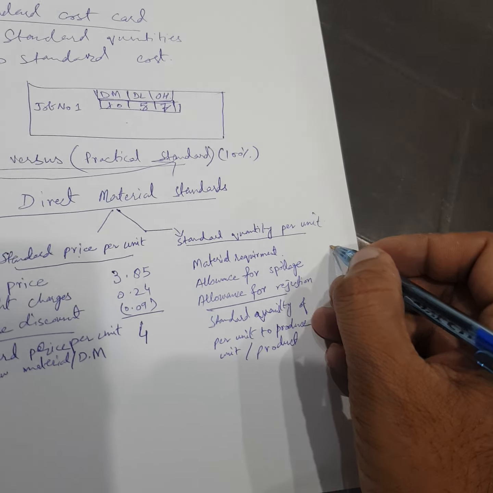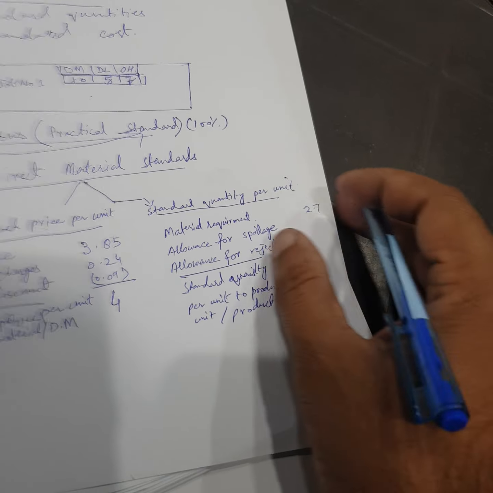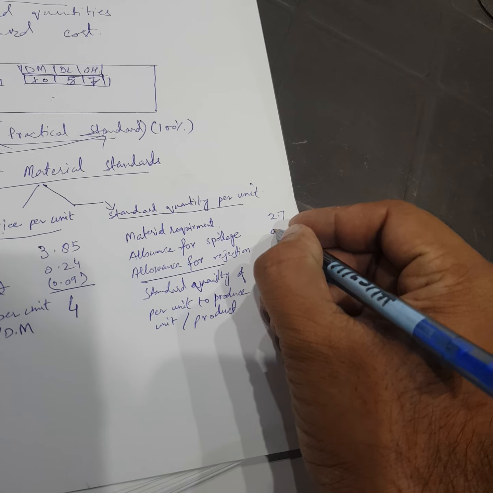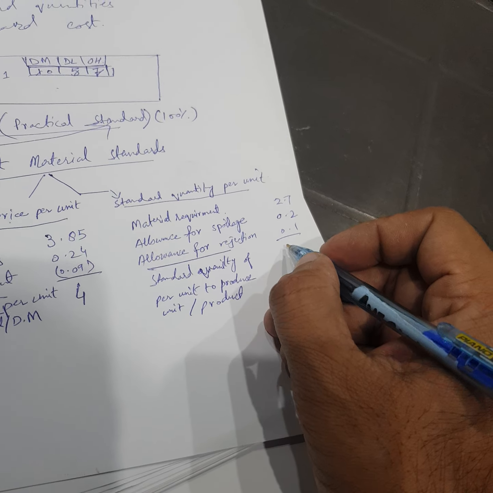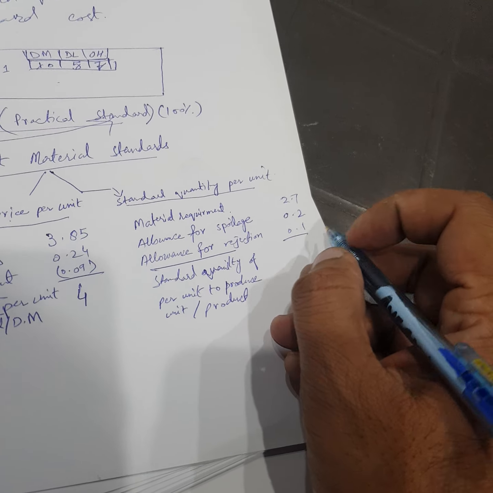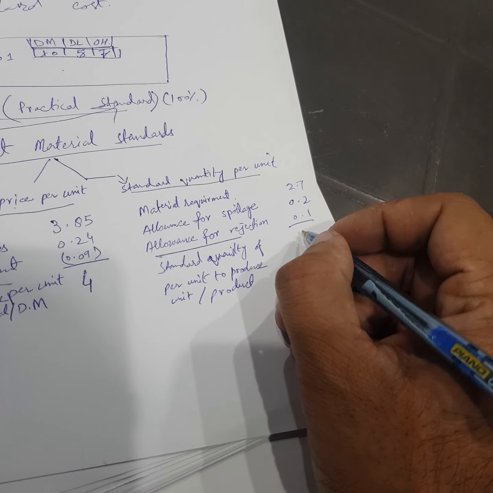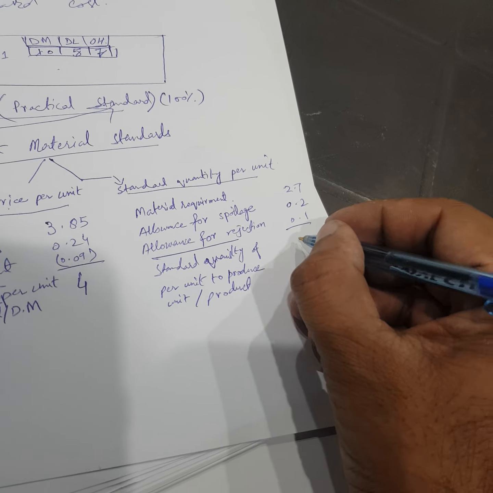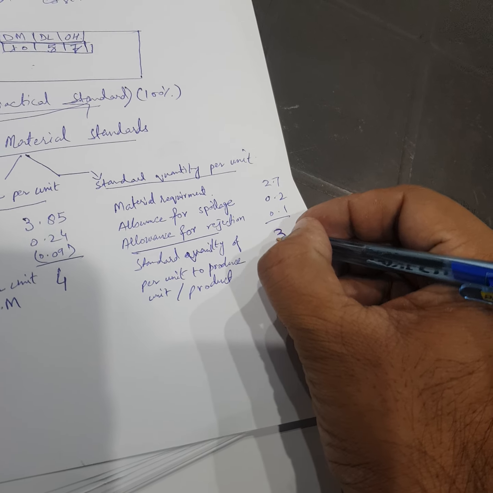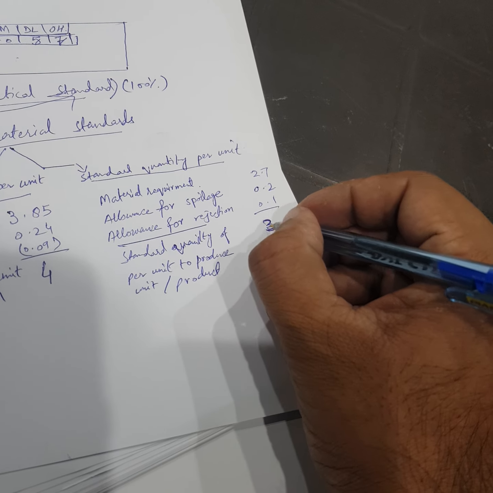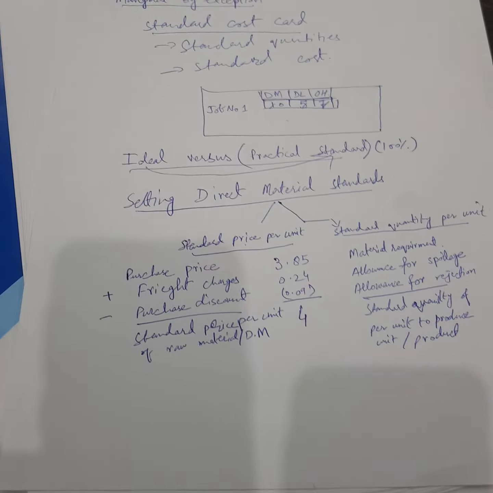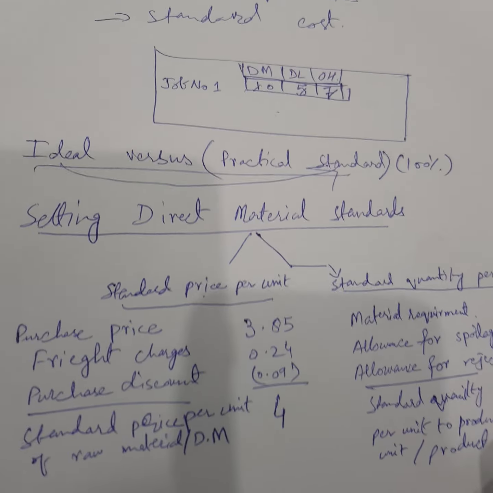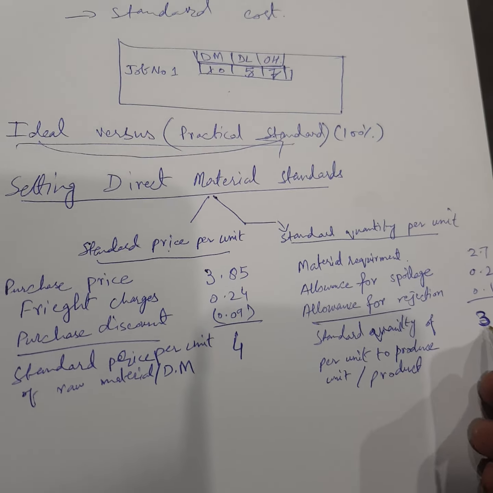So for that we have 2.7, 0.2, 0.1. Our standard quantity per unit to produce is 3 units. These are the units. Quantity, price.